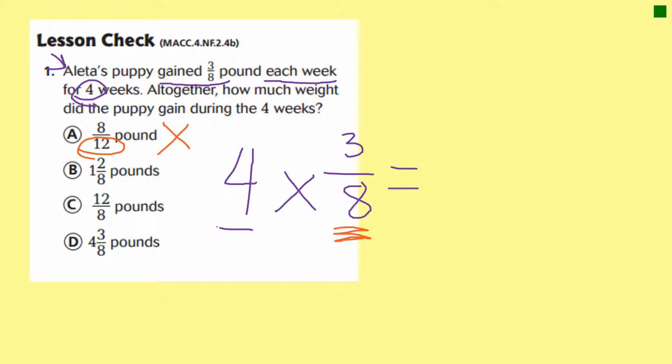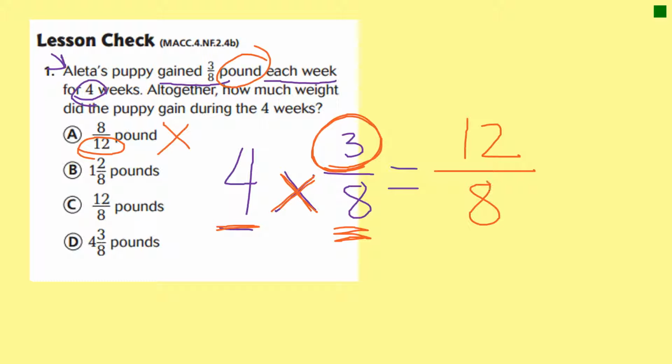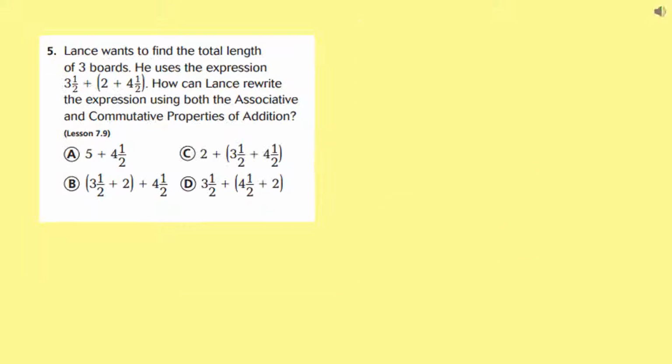So let's see here. 4 sets of 3 parts of a pound. 4 times 3 is 12 equal parts out of 8 that make a pound. Okay, so that little puppy gained 12/8 pounds in 4 weeks. All right, let's keep going.